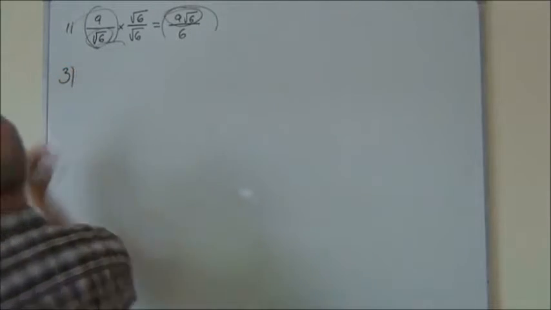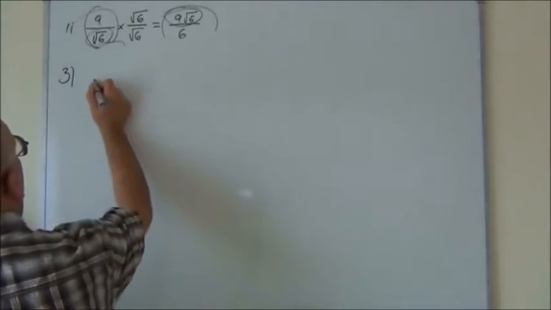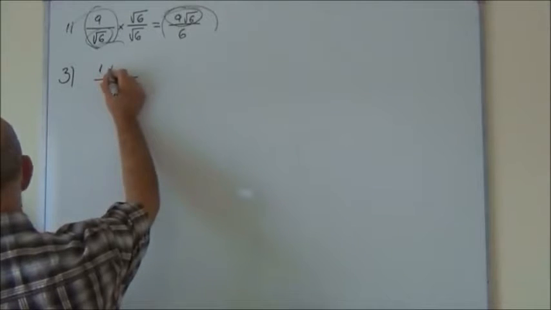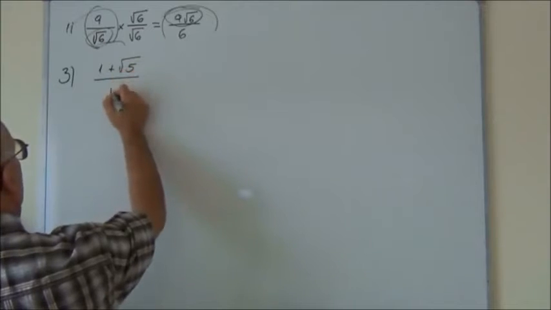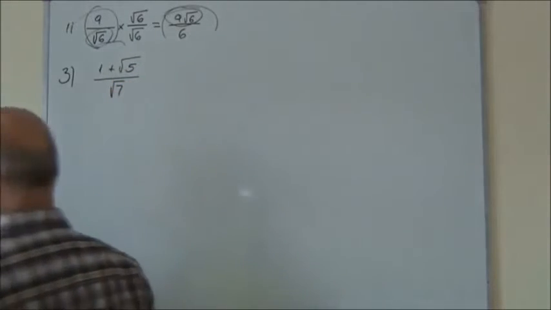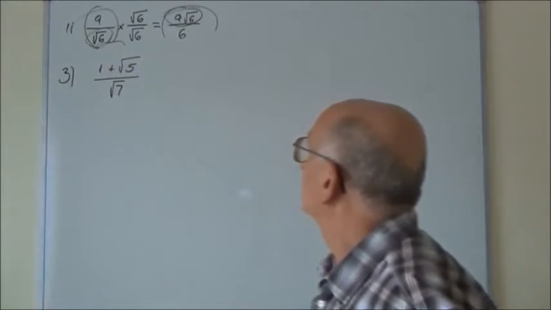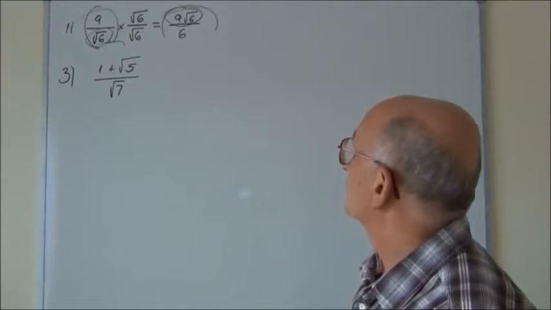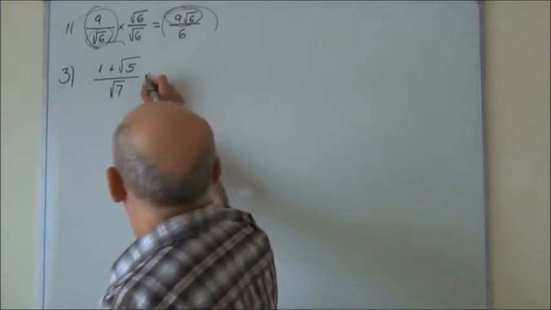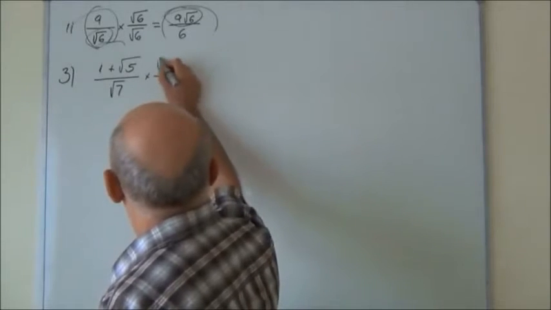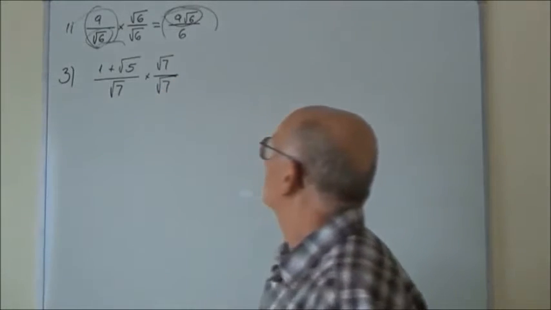So question 3. One plus root 5 on root 7. I mean, nothing special in this question. Still, we have to multiply our fraction by root 7 on root 7.